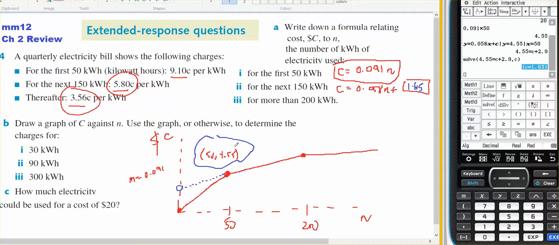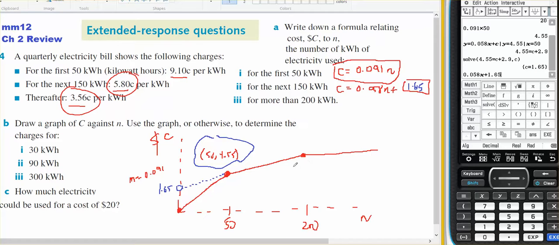So that's my second rule, and that would be 1.65 if that line continued. So using that particular rule, and given c equals 1.65, I can get rid of that and put 1.65, that's my second rule.